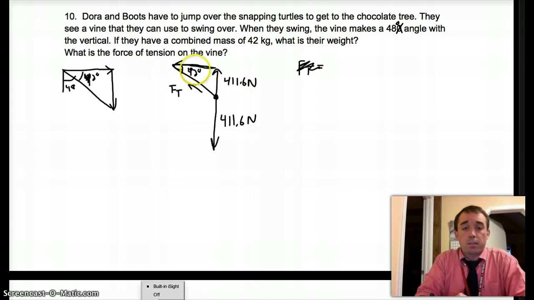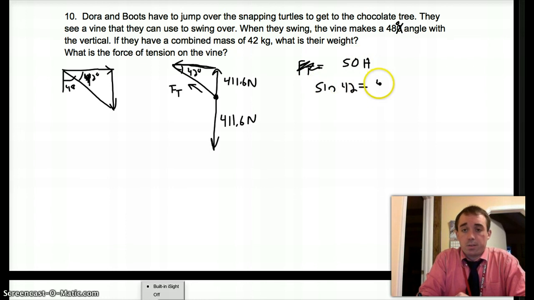We know our opposite from that angle, and we are looking for our hypotenuse. So again, that's sine, SOHCAHTOA. So we can set it up. Sine 42 degrees equals opposite, which is the 411.6, divided by FT.